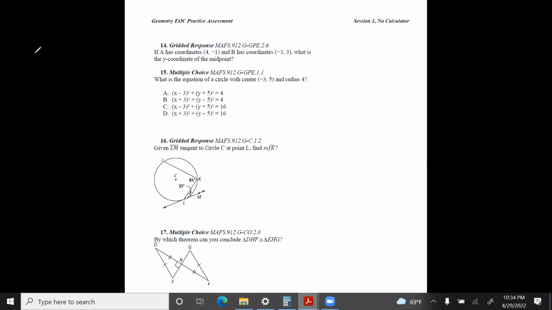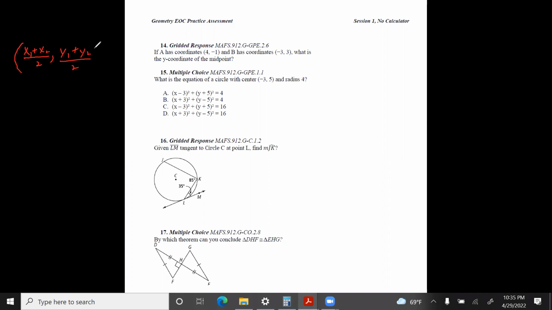Anytime you do midpoint, you're doing the average of the x's. So we have the average of the x's and the average of the y's.